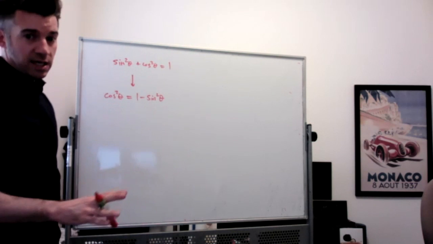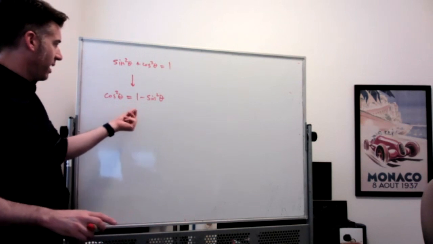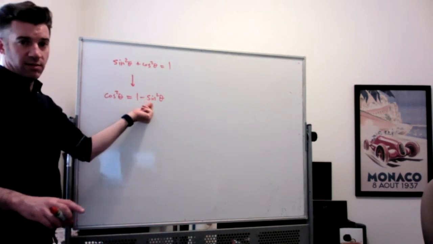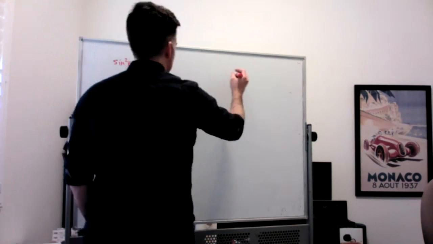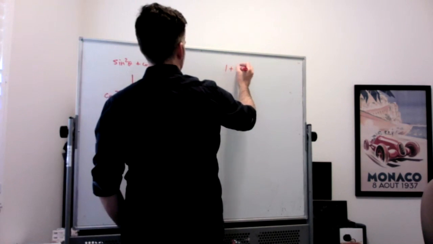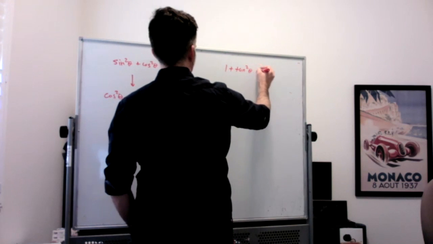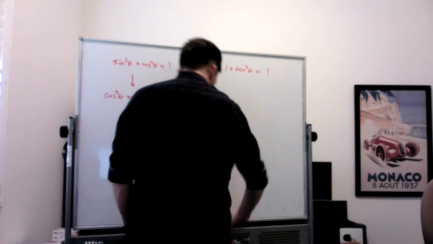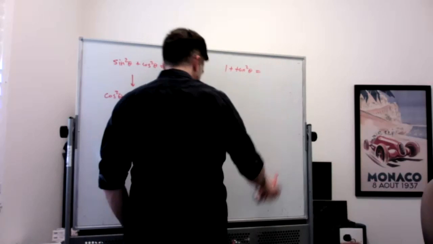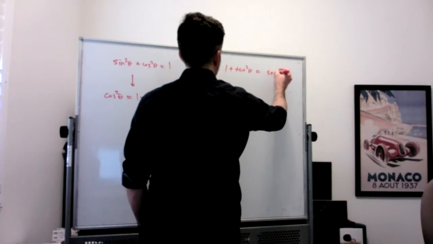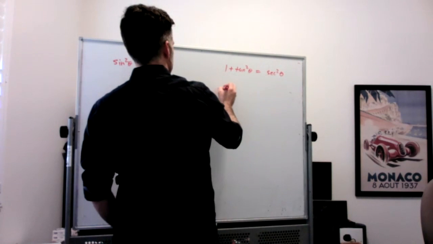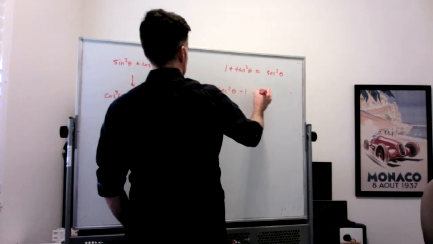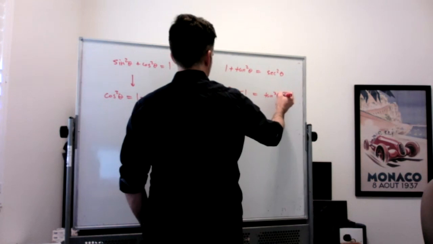So the idea is we're looking to make a choice so that we have 1 minus sine squared. We also have 1 plus tangent squared theta equal to, sorry, equal to secant squared theta. And then we also have secant squared theta minus 1 equal to tangent squared theta.